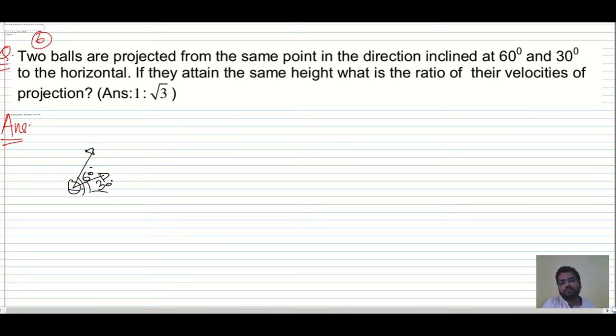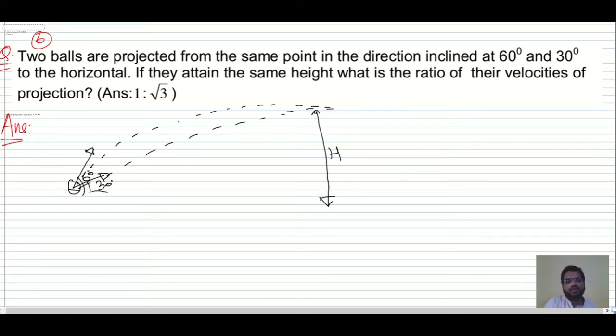Now they told us both attain the same maximum height, h. So what is the ratio of their velocities?